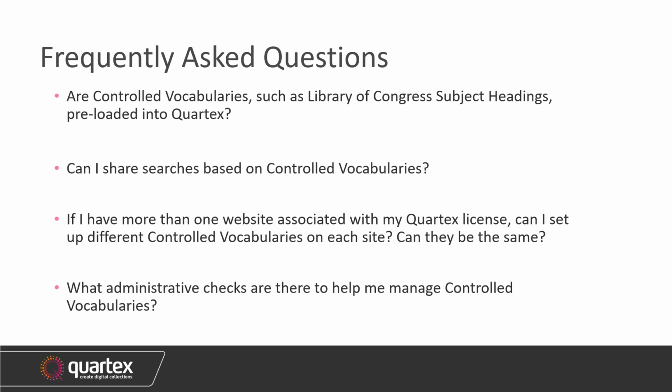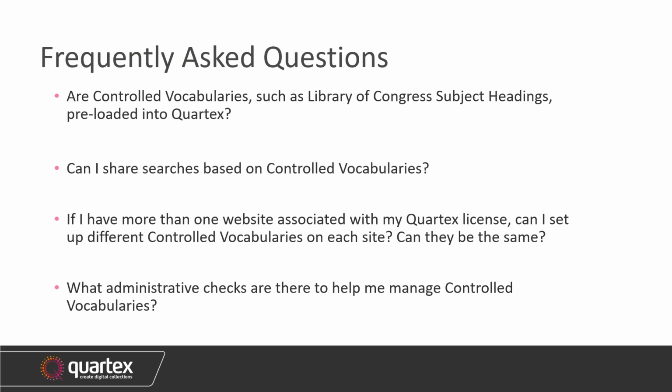The answer is that they are not preloaded at this time. LCSH is quite extensive, and loading the entire controlled vocabulary would impact performance on the platform. We are considering adding it, but it likely will not be dynamic, and it is something we are exploring.